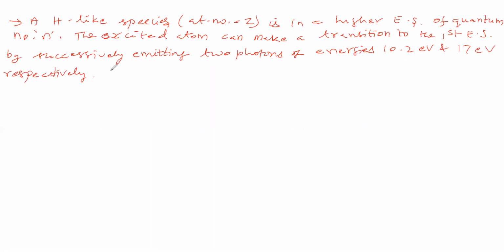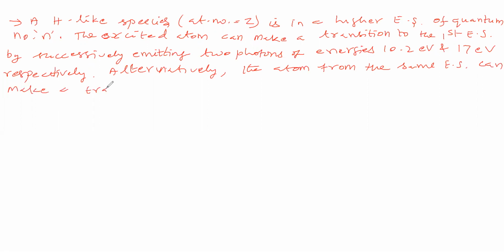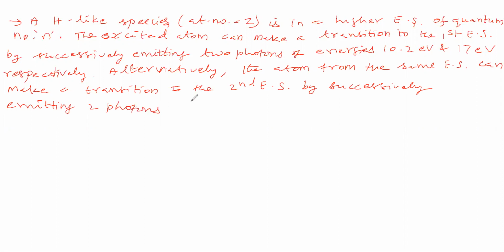Alternatively, the atom from the same excited state can make a transition to the second excited state by successively emitting two photons of 4.25 electron volt and 3.95 electron volt respectively.